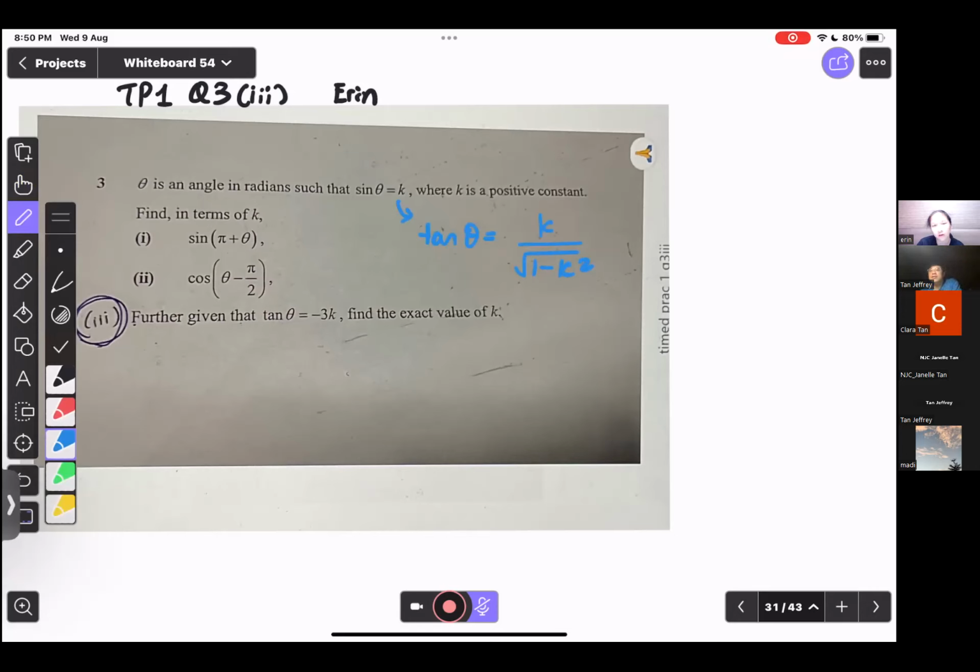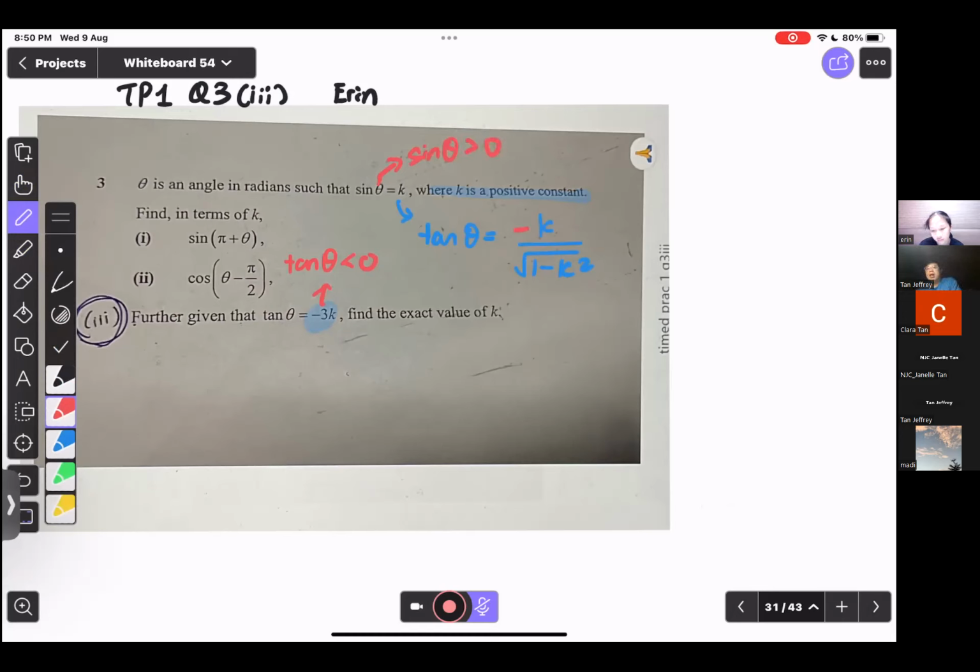Theta is negative because when I look at this, if they tell me k is positive, tangent theta is negative. So it tells me that theta is in the third quadrant. Sounds right? No, sorry. Tangent theta is negative, and here sine theta is positive. That means there's a negative sign here.